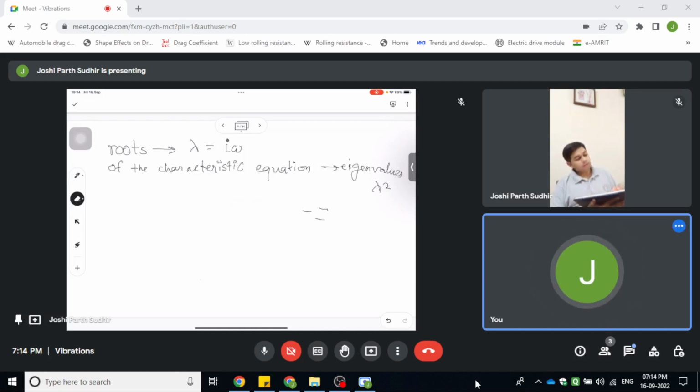Basically lambda square, and then we can use the eigenvalues to determine the eigenvectors.